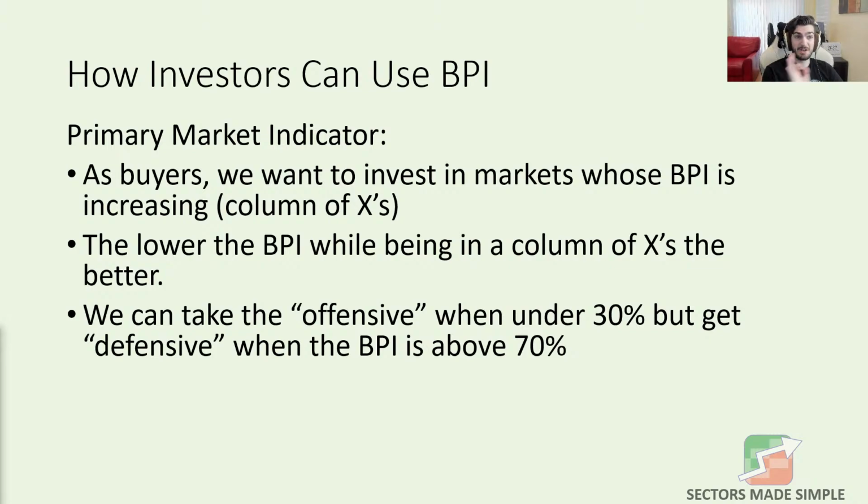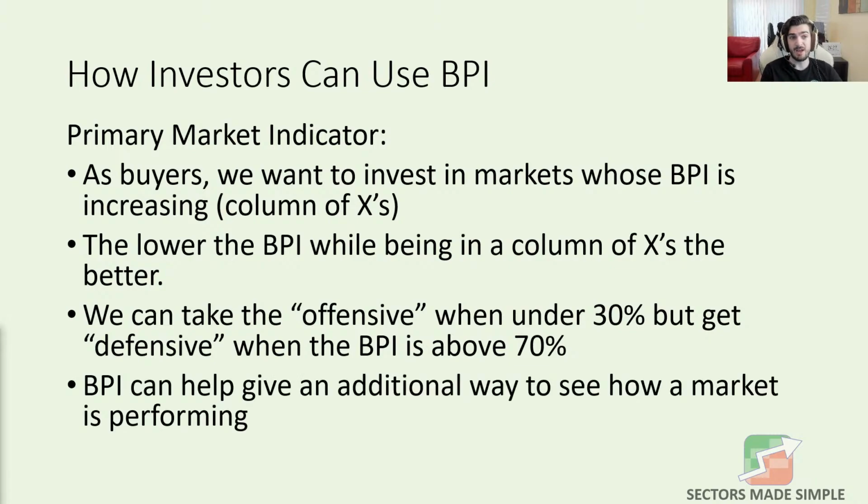Then when we're getting close to the end zone on the other side of the field, we need to get defensive. We don't want to risk things. We just want to get those little plays to keep the ball moving forward. So offensive is probably going to be when the BPI is below 30% and reversing into X's. Defensive when it's above 70% in that column of X's because there's a lot of room to fall.